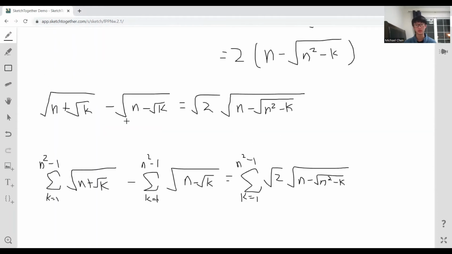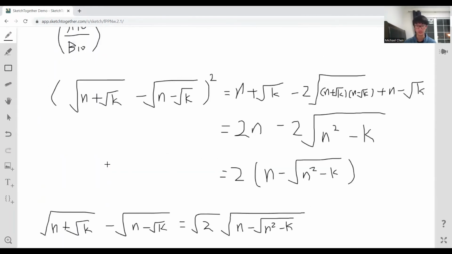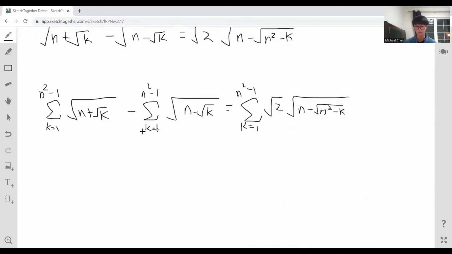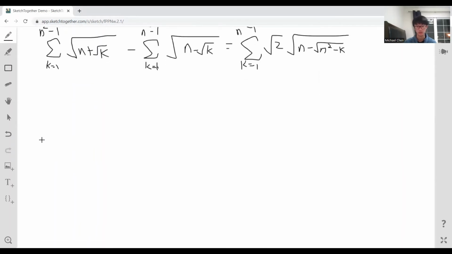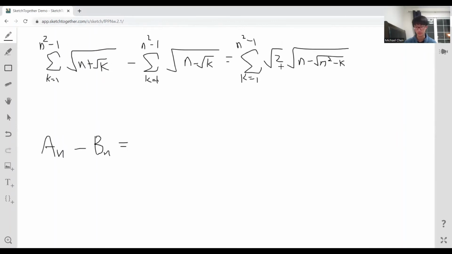We realize that the left-hand side is simply a_n minus b_n, that's our definition. So we'll write a_n minus b_n. On the right-hand side, the square root 2 can be brought in front. Now we're left with sigma from k equals 1 to n squared minus 1 of square root of n minus square root of n squared minus k.